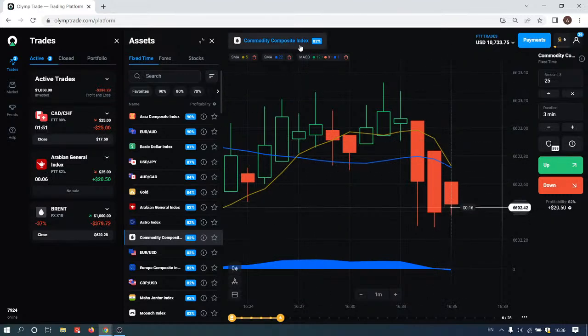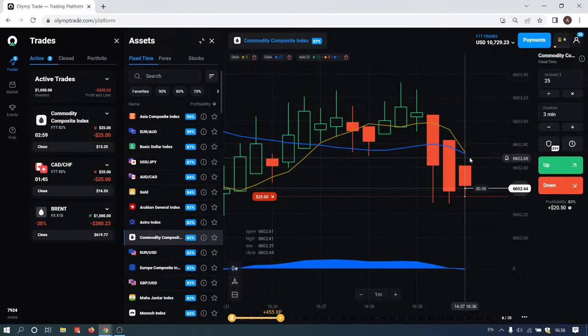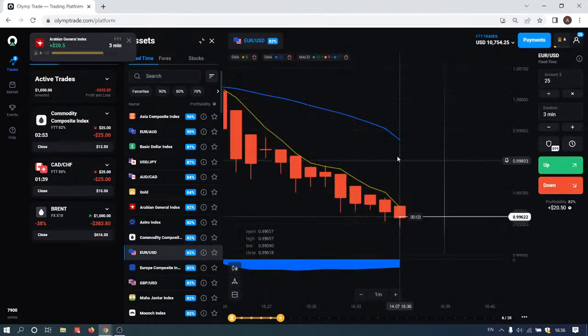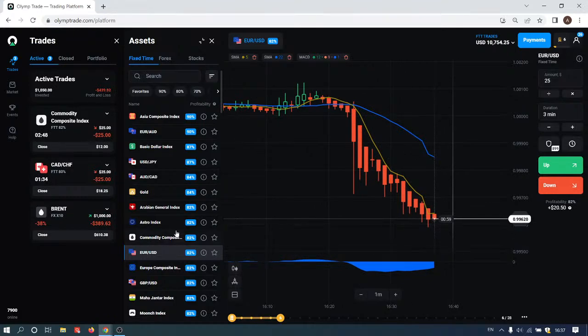And now my next trade will be on the commodity composite index. I think I should be opening a trade right now. We are definitely going down here, and the crossing is there. It's all red. So let me go ahead and switch.